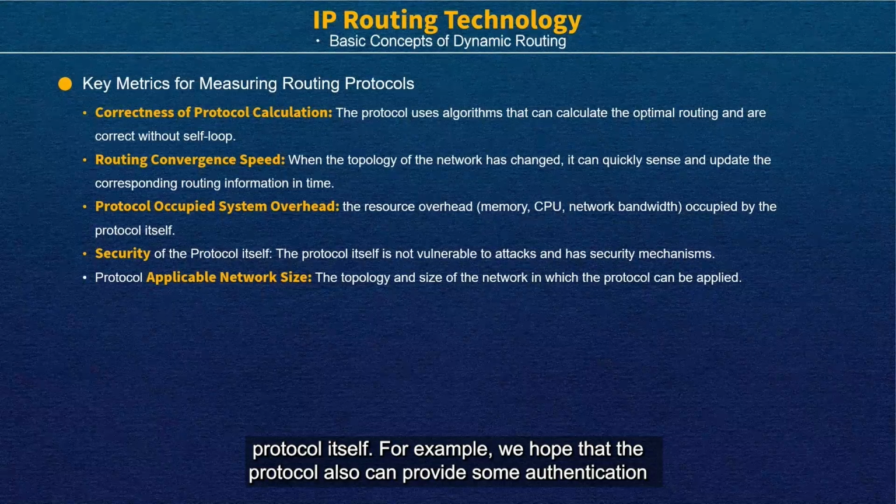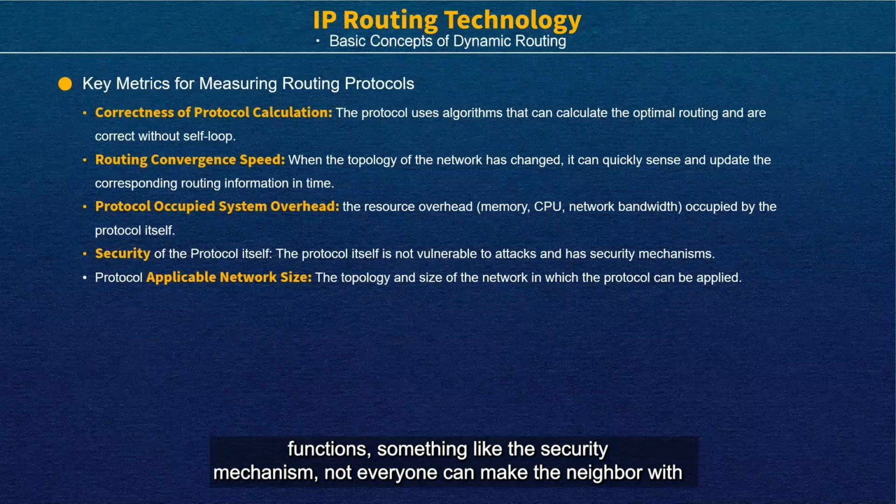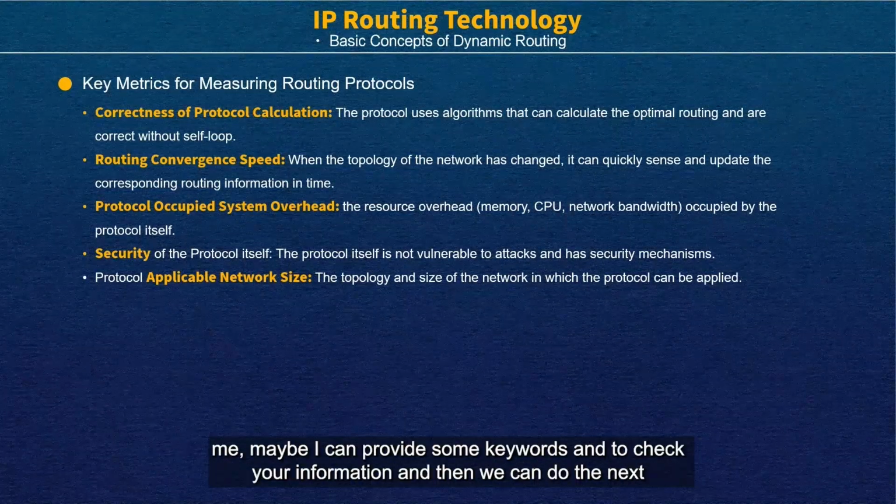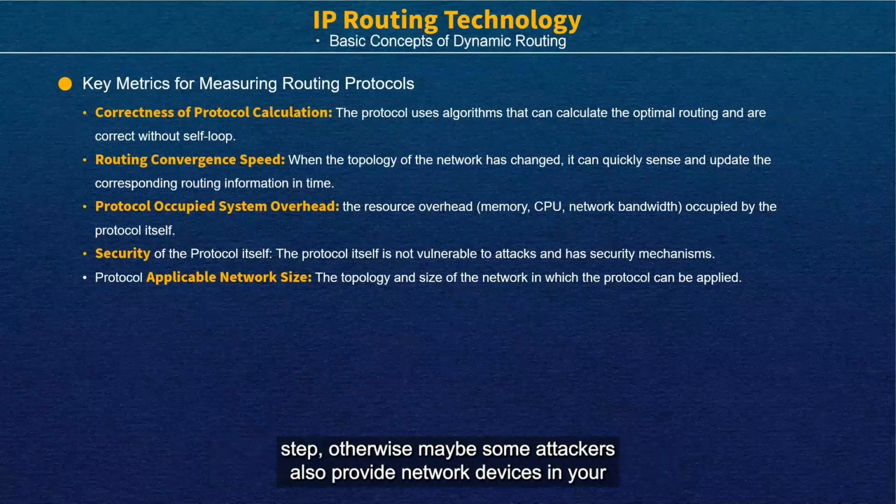For example, we hope that the protocol can also provide some authentication function, something like a security mechanism. Not everyone can become a neighbor with me. Maybe I can provide some keywords to check your information, and then we can do the next step.